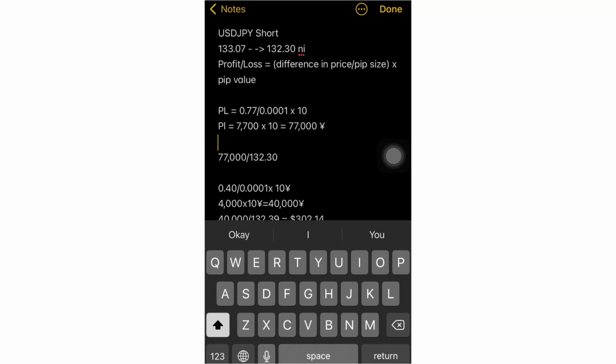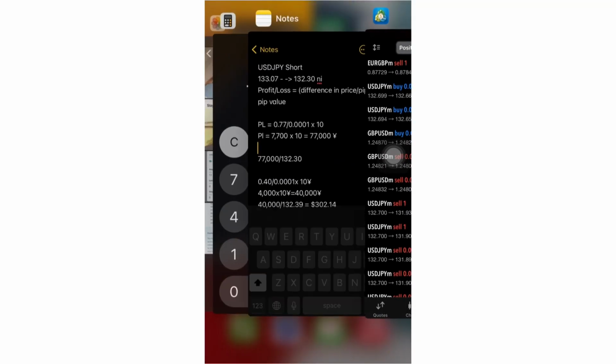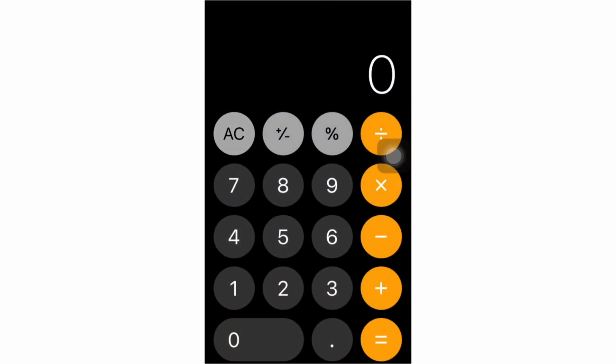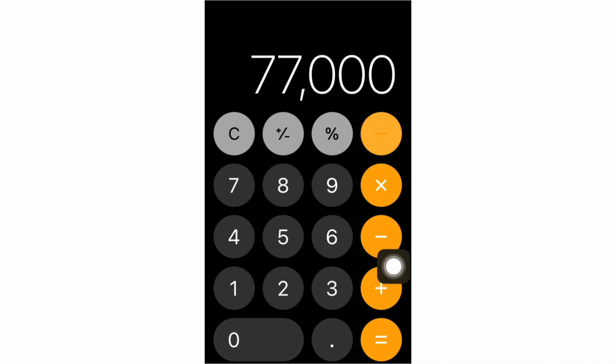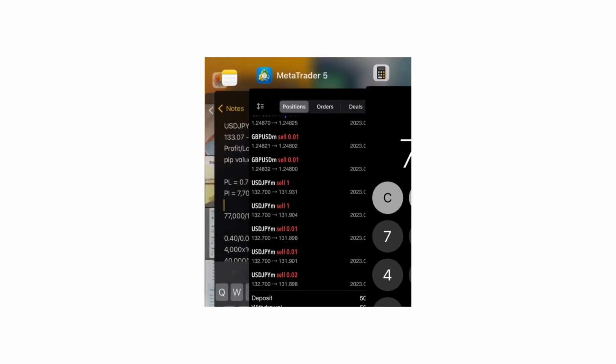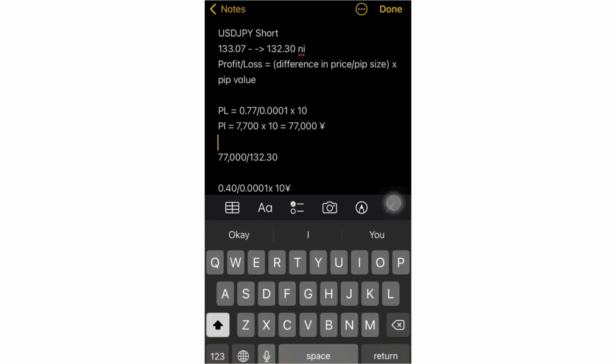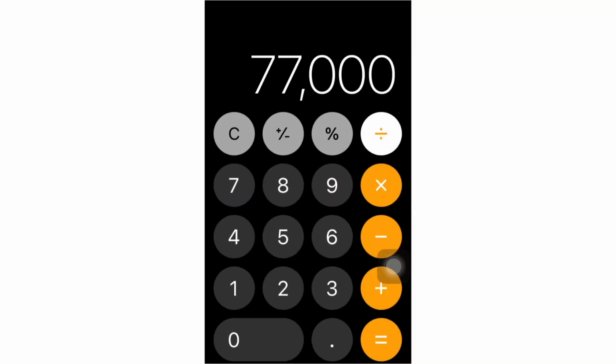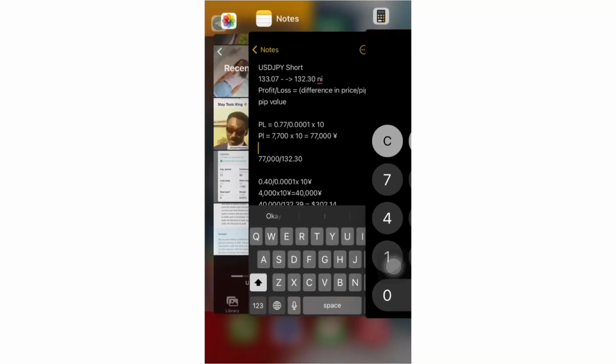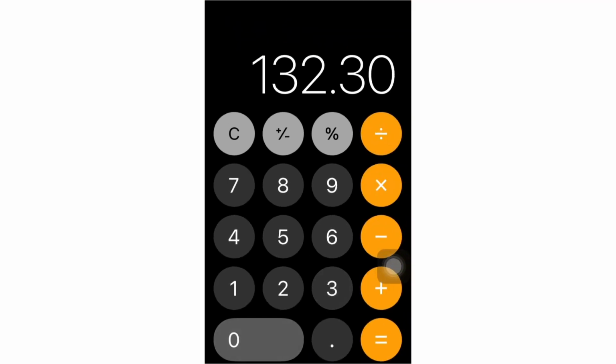I'm going to show you guys quickly. Now that we know this, what you need to do is divide 77,000 by 132.30.